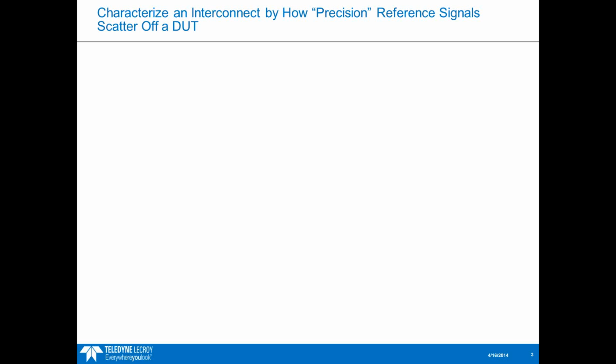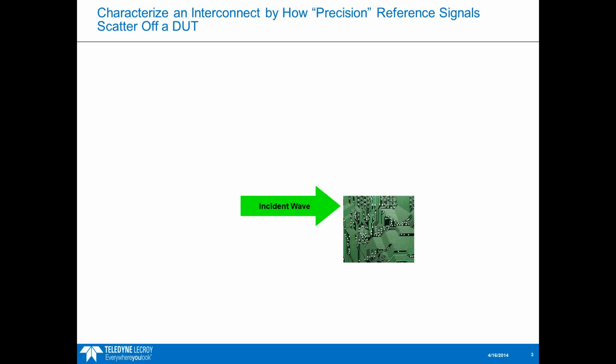So first of all, what is an S parameter? Basically, it's a way to characterize some interconnect. So here's a picture of just some PCB, but we can imagine if we want to be able to tell everything we can about that interconnect, we can send some precision reference signals into it, and we can look at how they scatter off.